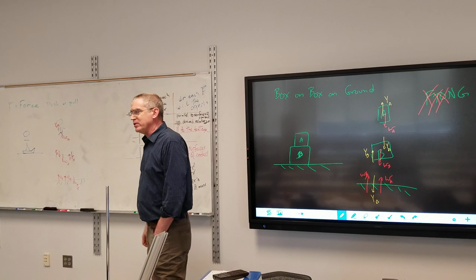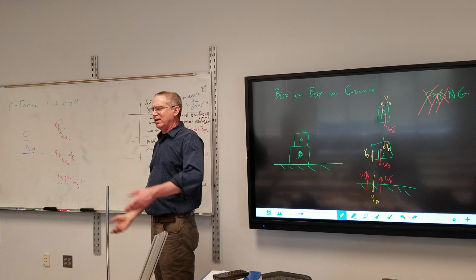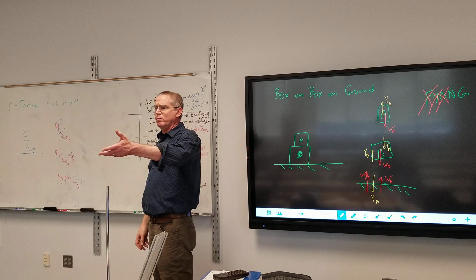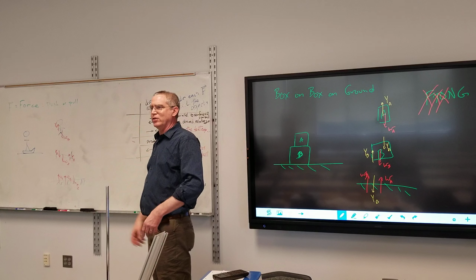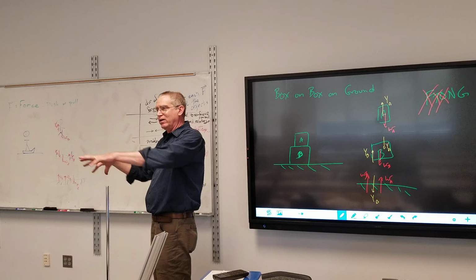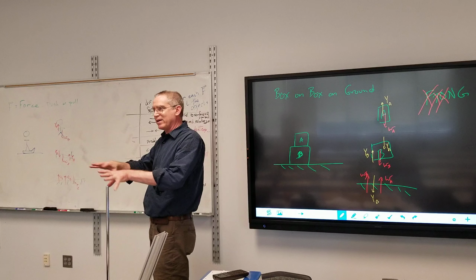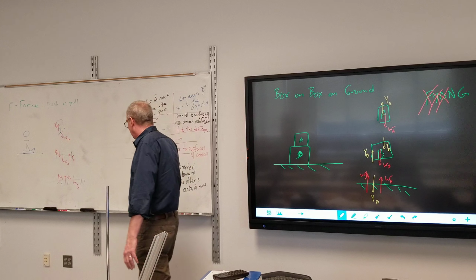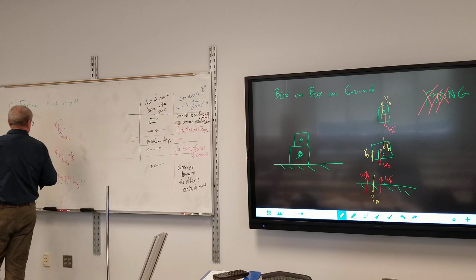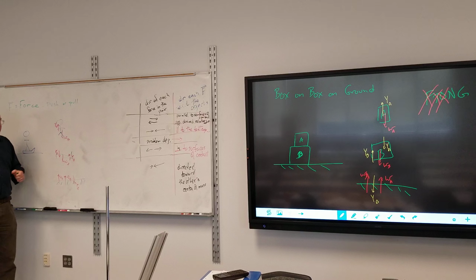If I start bouncing on it, if all of you bounce on an analog scale, you notice the dial underneath the needle goes shooting back and forth. It does not mean your weight is changing. What's changing is the normal force. So if I bounce up, I'm pushing down on the scale in order to accelerate myself upwards.